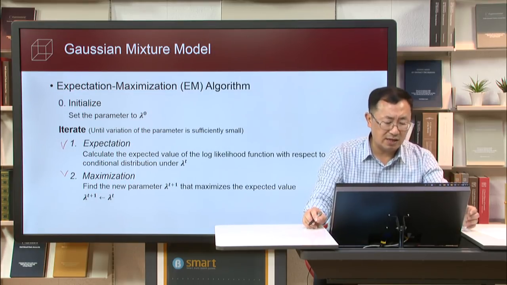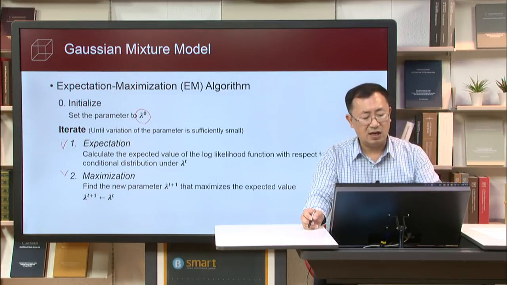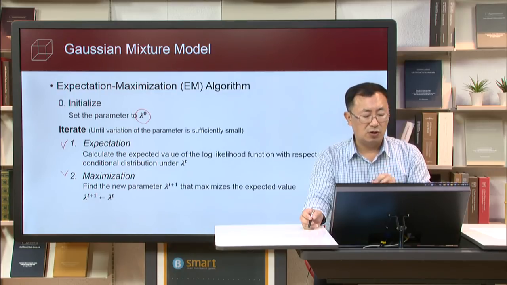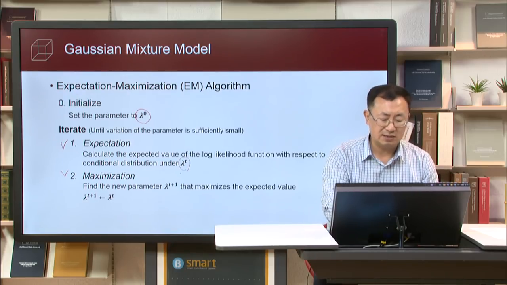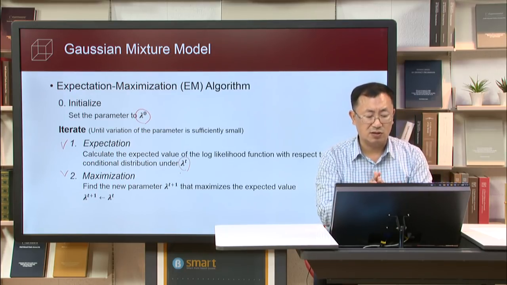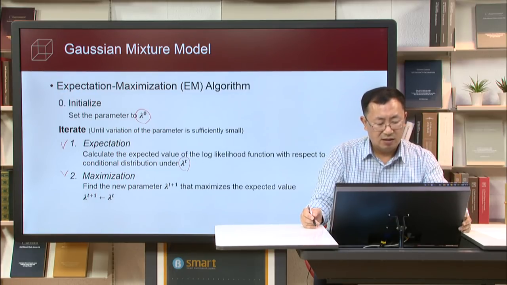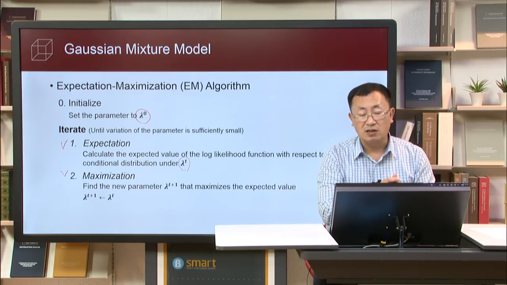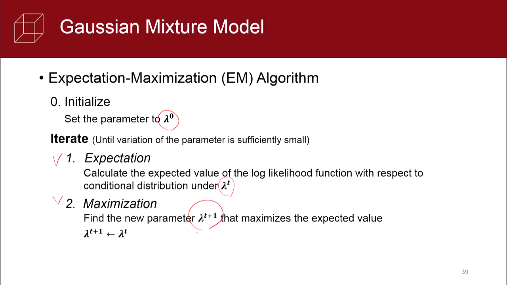In the expectation step, given this parameter lambda 0, you calculate the expected value of the log likelihood function with respect to the conditional distribution under a certain parameter, let's say lambda 0, in this case t is equal to 0 because this is the initial iteration. Then, based on that expected value of the log likelihood function, you identify the parameter that maximizes the expected value.